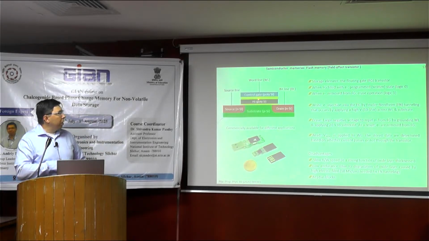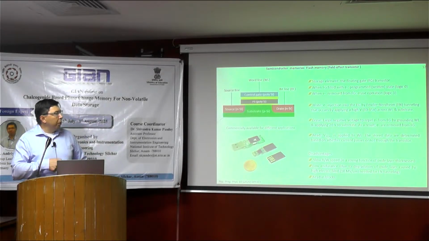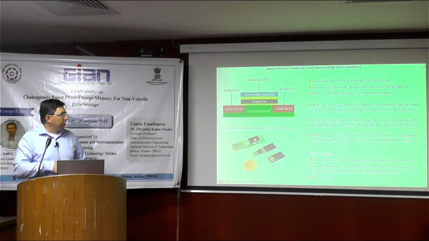Here, if you apply it, you can inject some electrons. For erase, a large negative voltage is applied to repel electrons from the floating gate, by grounding the word line and applying 20 volts to the substrate. As a result, the electrons are removed from this transistor.